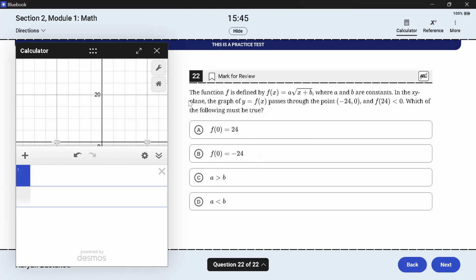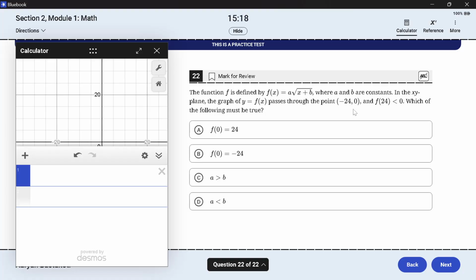We need to look at it more carefully. The function f is defined by f of x equals a root under x plus b, where a and b are constants. In the xy plane, the graph y equals f of x passes through the point minus 24 comma 0.